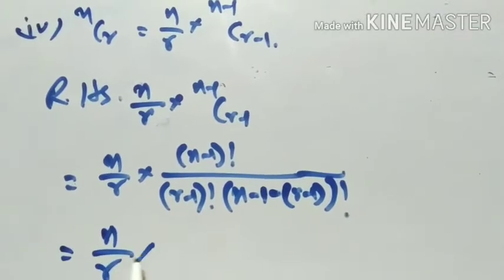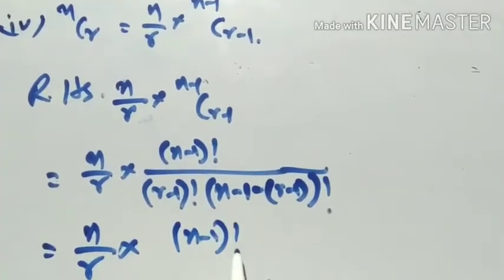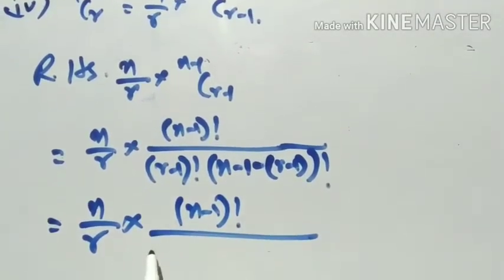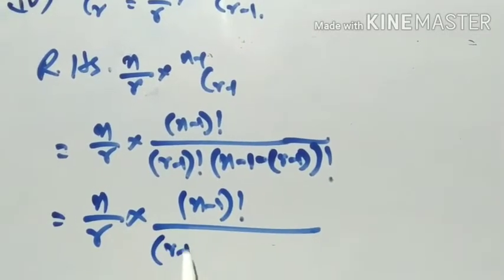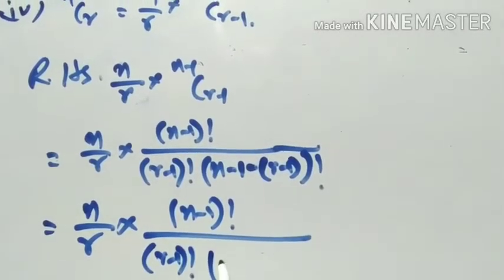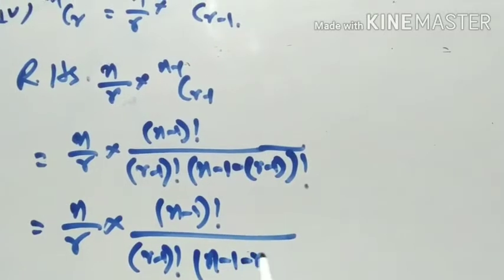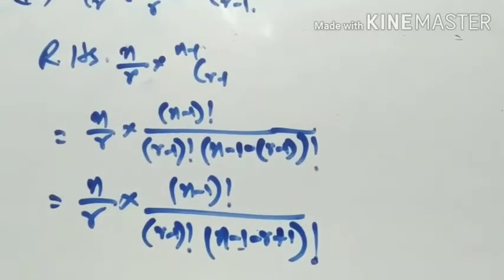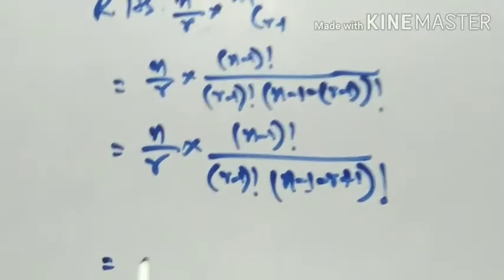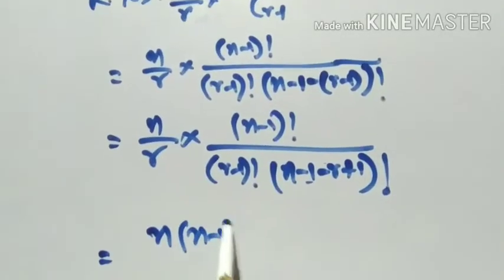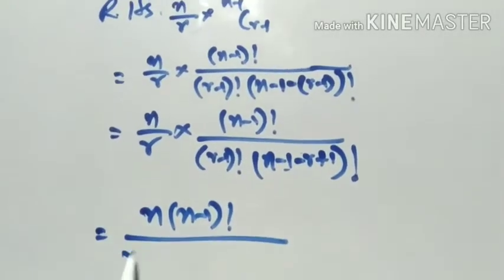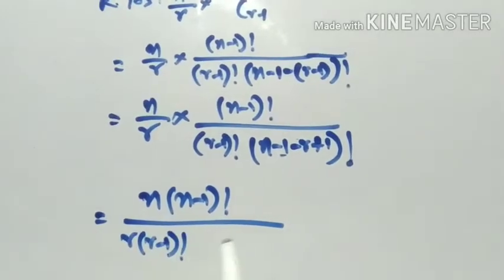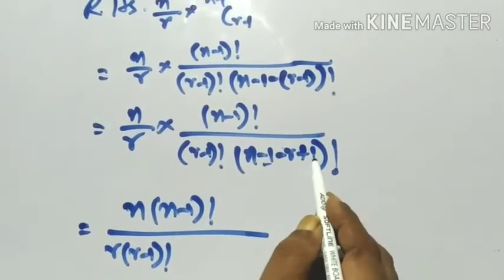Here the denominator has n minus 1 minus r plus 1 factorial, and minus 1 and plus 1 cancel out.